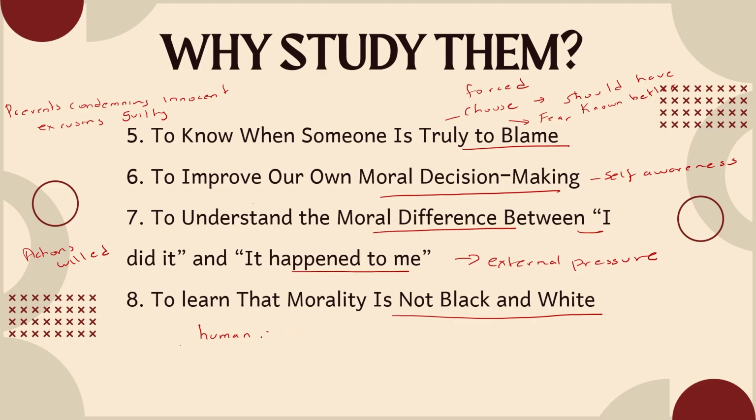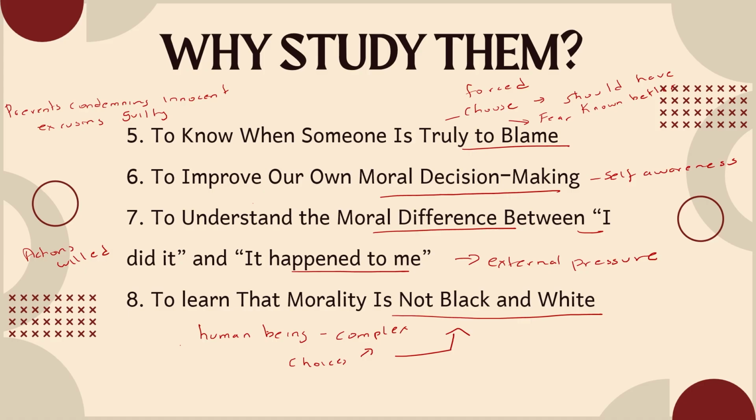So for example, as we said, we are complex, also our choices. Therefore, when we study these modifiers of responsibility, it helps us to understand what are the things that we need to take into consideration when we are making a judgment, because there is no clear cut rule or clear cut policy.